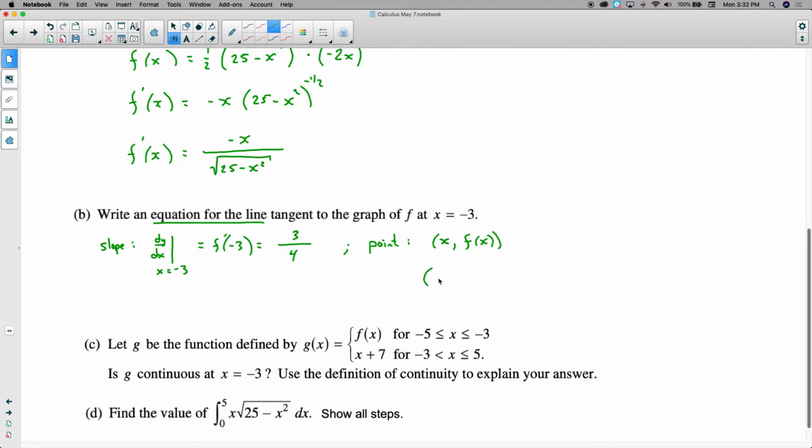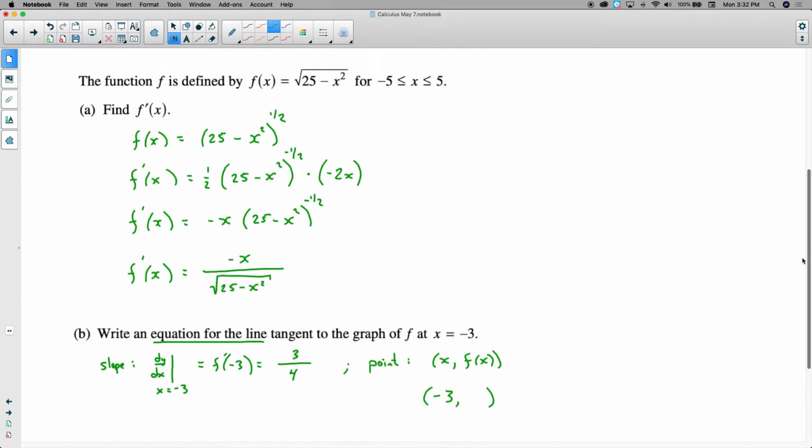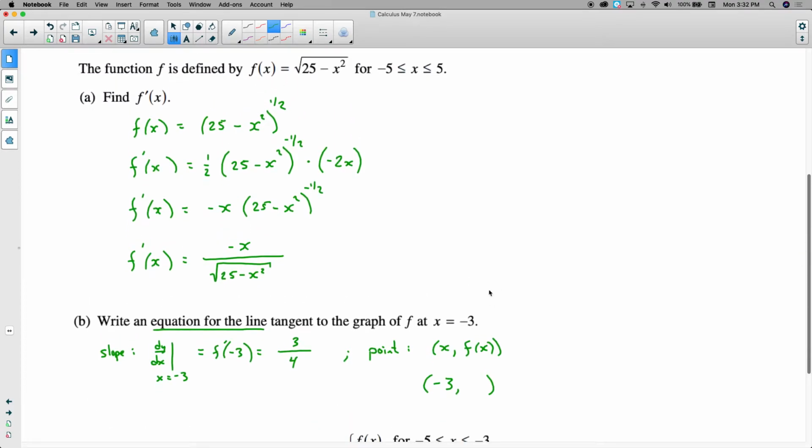Okay, so then I've got negative 3, and I need to go find f at negative 3. So f of x just got scrolled off the top there, but I can come up here and put in negative 3, and that becomes negative 3 squared is 9, 25 minus 9 is 16, root is 4.